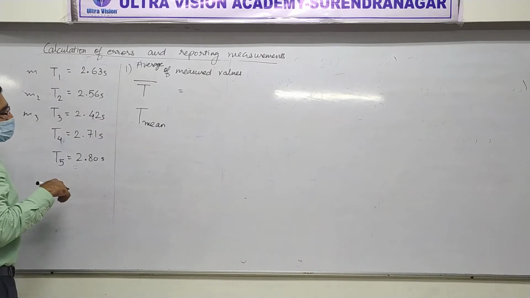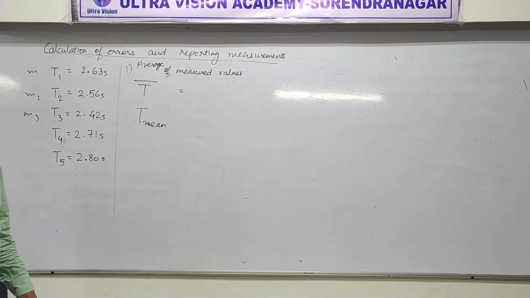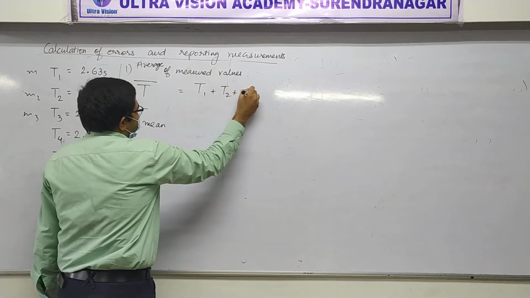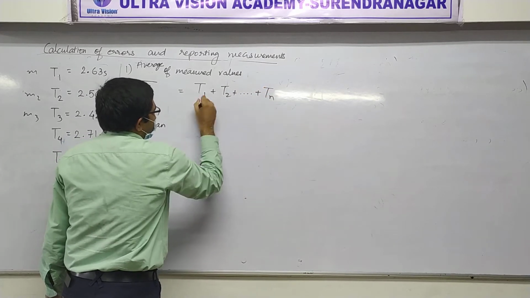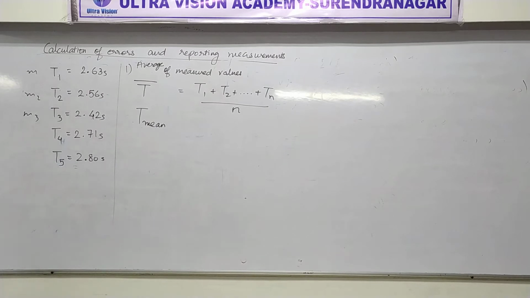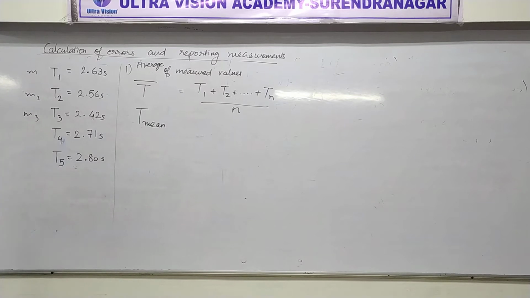How do you find average of something? Just add and then divide by number of observations. So the formula should be something like this. Did you understand the formula first of all? T1, T2, T3, T4 up to Tn, and then divided by n. That is the number of observations. Clear or not? Okay. Here how many observations do we have? 5.